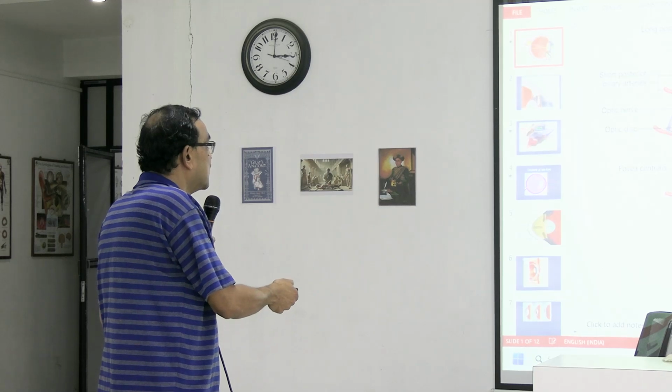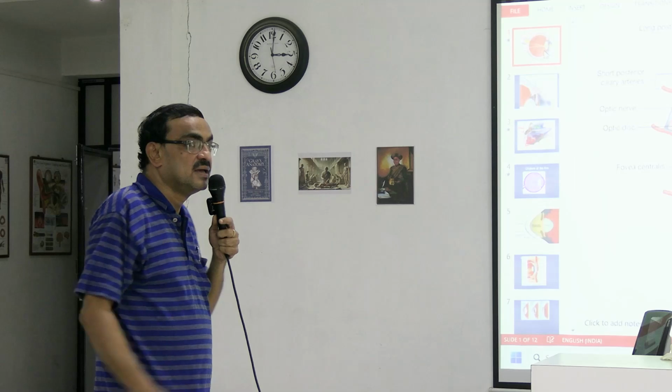And that layer is very important. Suppose this is the choroid and the most inner layer is the choriocapillary layer of the choroid. From here, the nutrition is given to the outer layers of the retina.